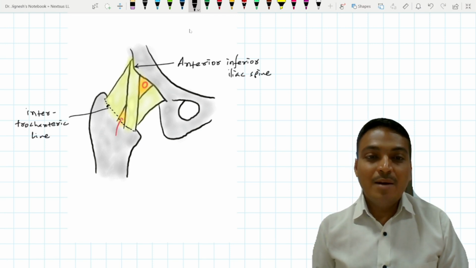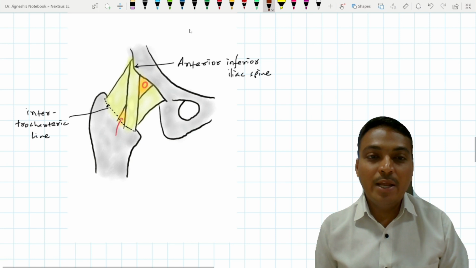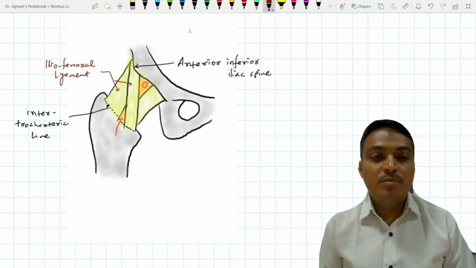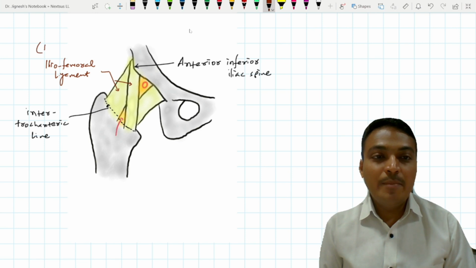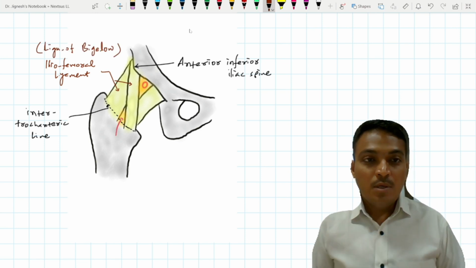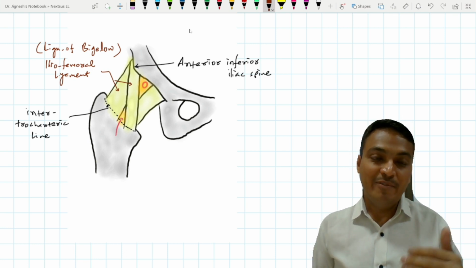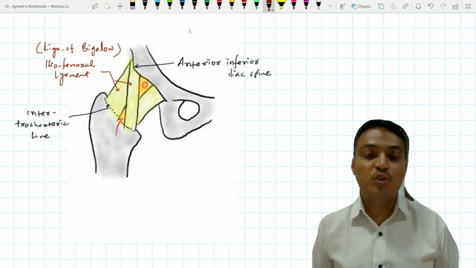This ligament runs from the ilium to the femur, and that's why it is the ilio-femoral ligament. The other name of this ilio-femoral ligament is the ligament of Bigelow. It is the strongest ligament of the body, and it prevents hyperextension of the hip joint.